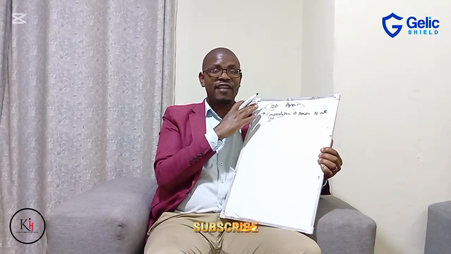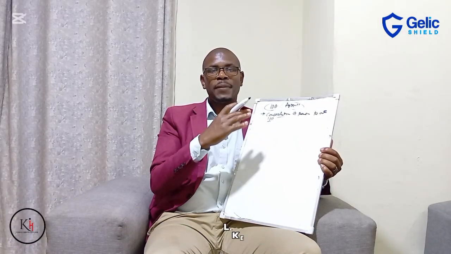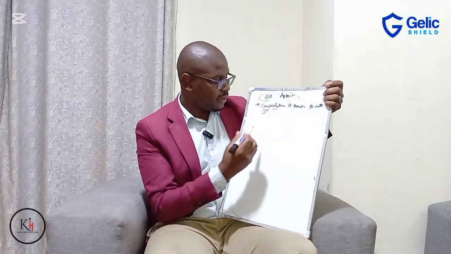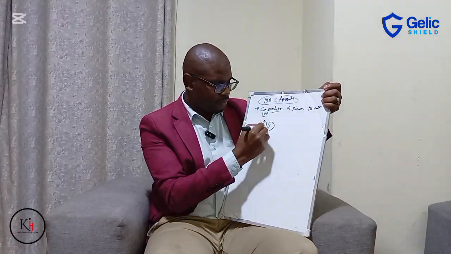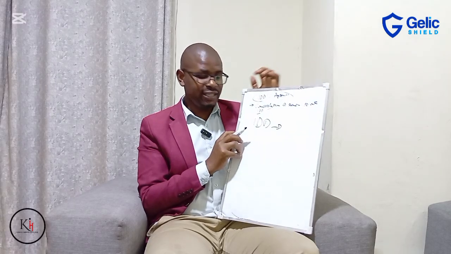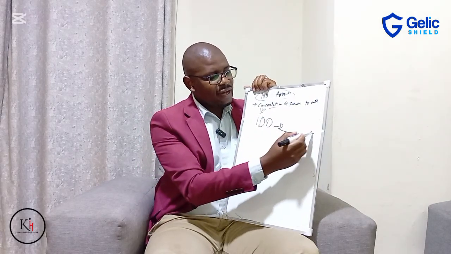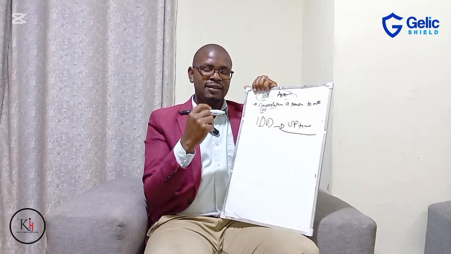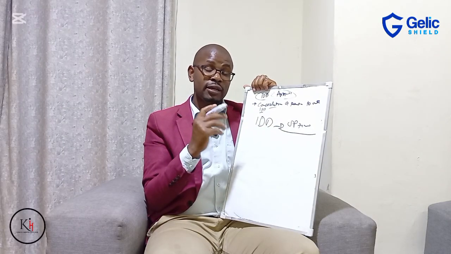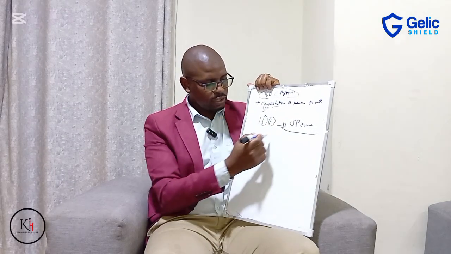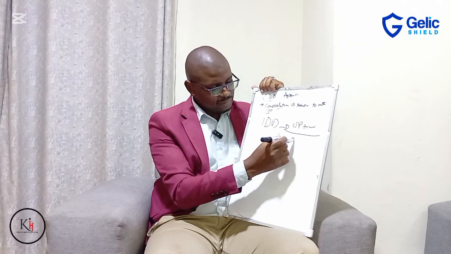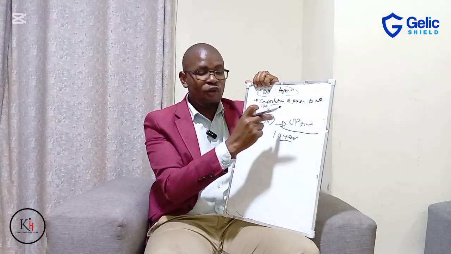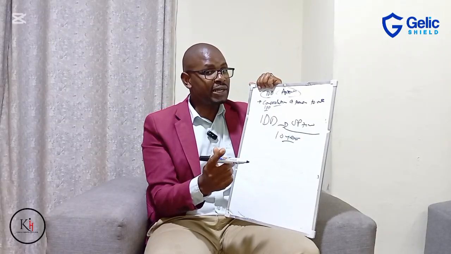And basically we have IDD, or what we call income drawdown, and annuity. So when you talk of income drawdown, what we are basically saying is that this is an option you choose, that you select a certain period, minimum being 10 years, that you give away control over this fund to an insurance company.